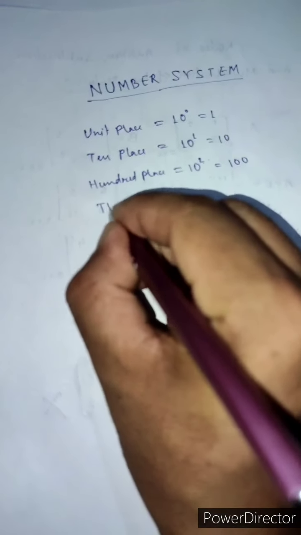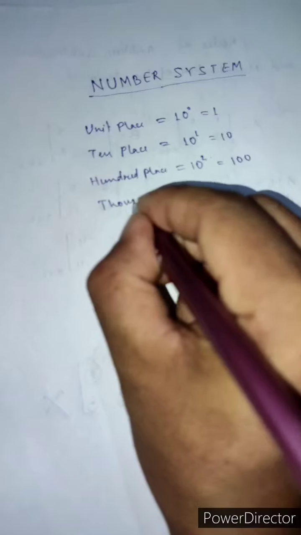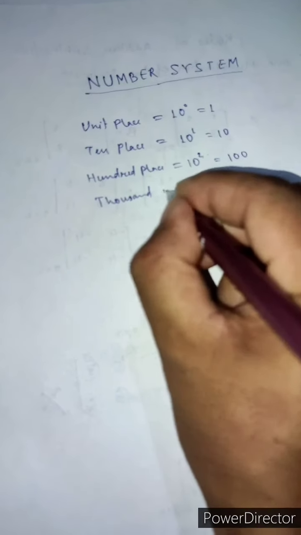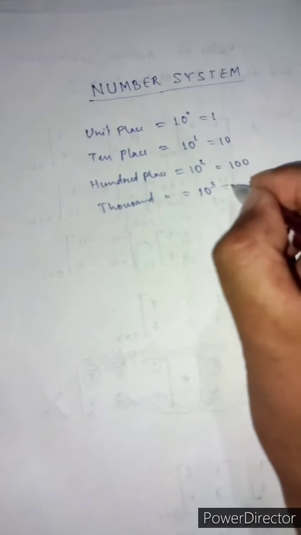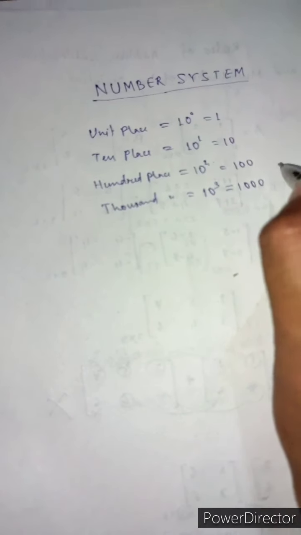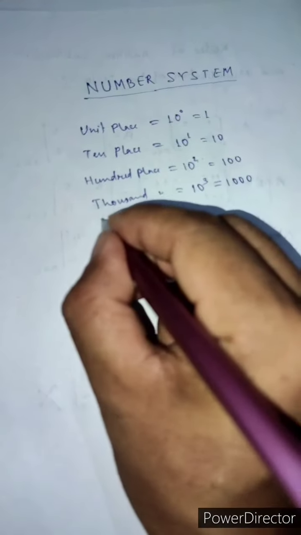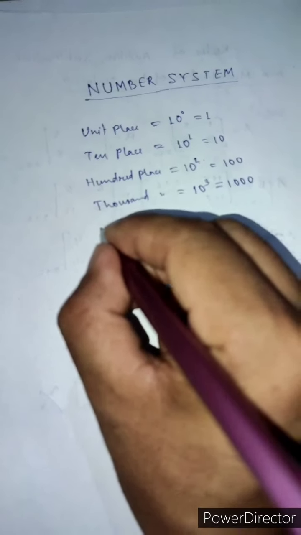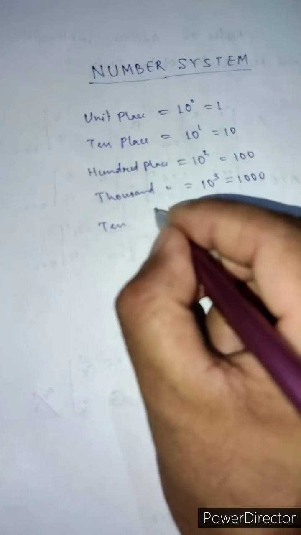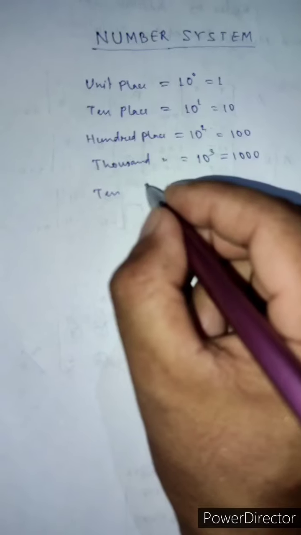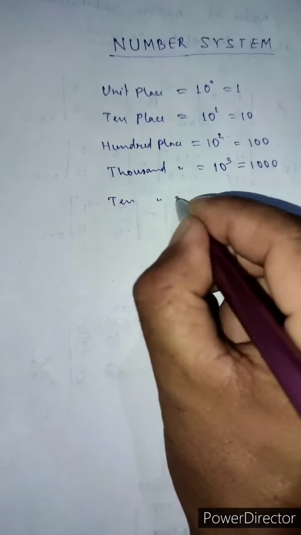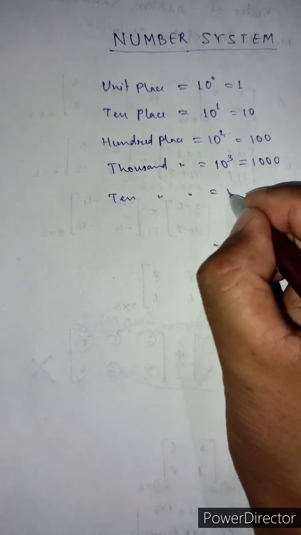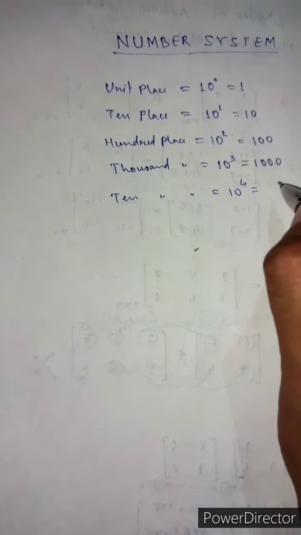After that, thousands. 1000 place is 10 cube, it is 1000, 3 zeros. Then 10,000 place, which is 10 power 4.